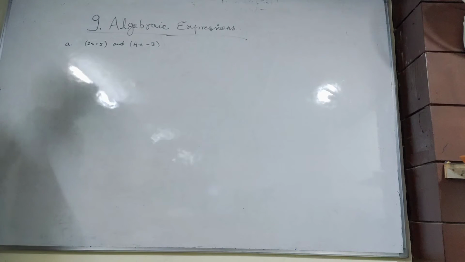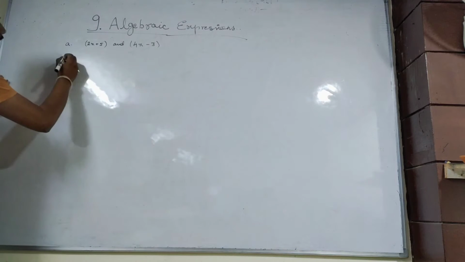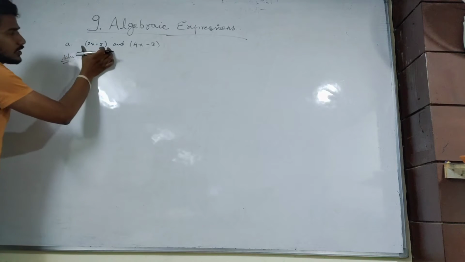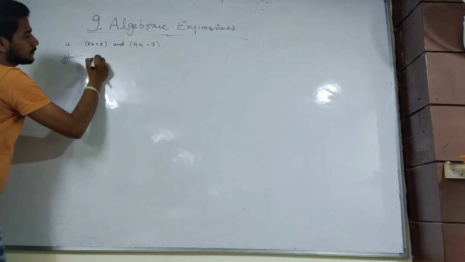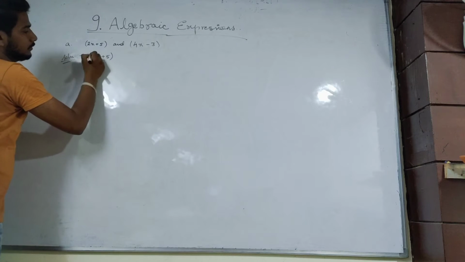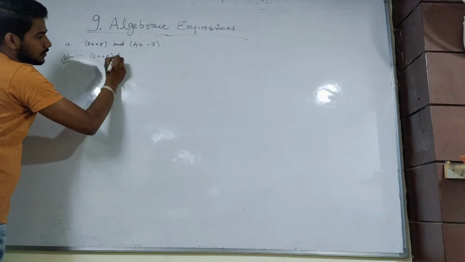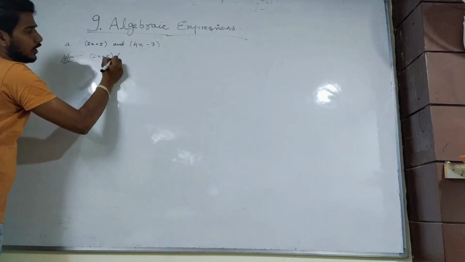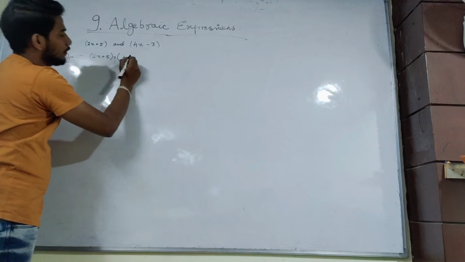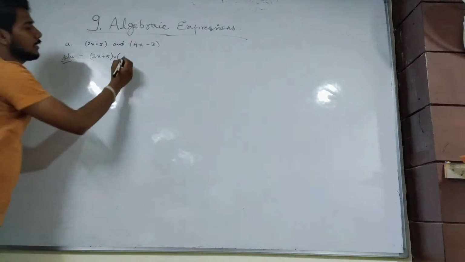Simply we have to multiply, but first write the question as it is: 2x plus 5, and there is a multiplication symbol here. If you want, you can put it. If you don't want to, it is understood that between any two brackets there is no sign, that is a multiplication sign only.